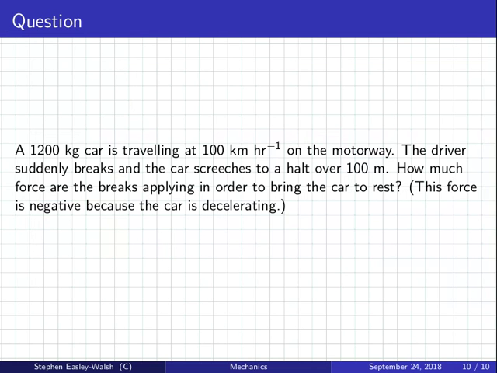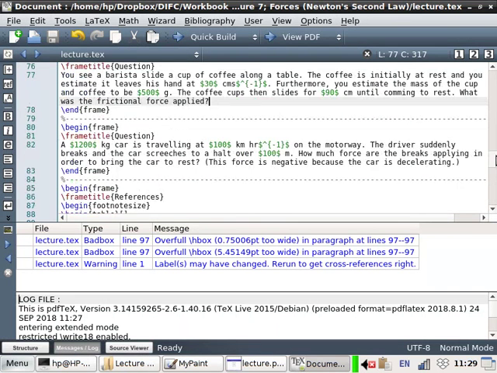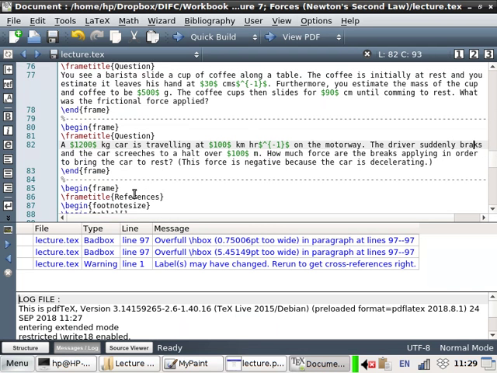A 1,200 kilogram car is traveling at 100 kilometers an hour on the motorway. The driver suddenly brakes. B-R-A-K-E-S, isn't it? Not B-R-E-A-K-E-S. That's the wrong brakes there. Bad English. There's two brakes.